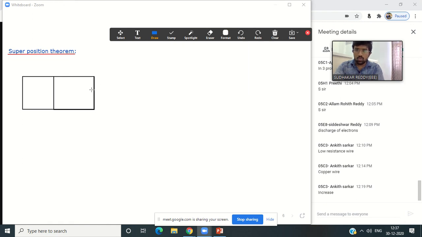Here I will connect one voltage source, and here also I connect one source. Here I will place one resistor. This is also one resistor, and this is also one resistor. Okay, right?